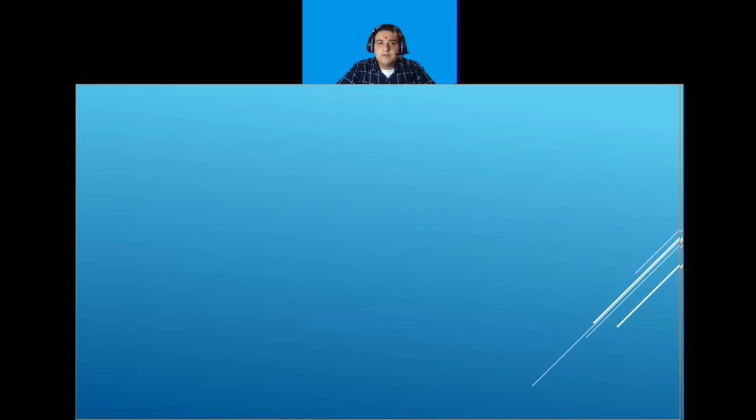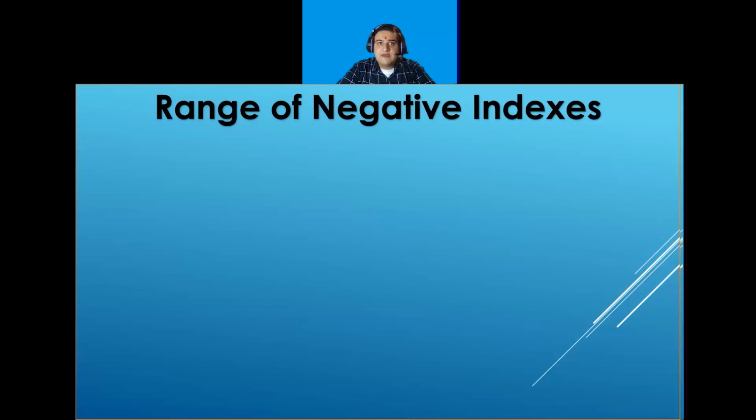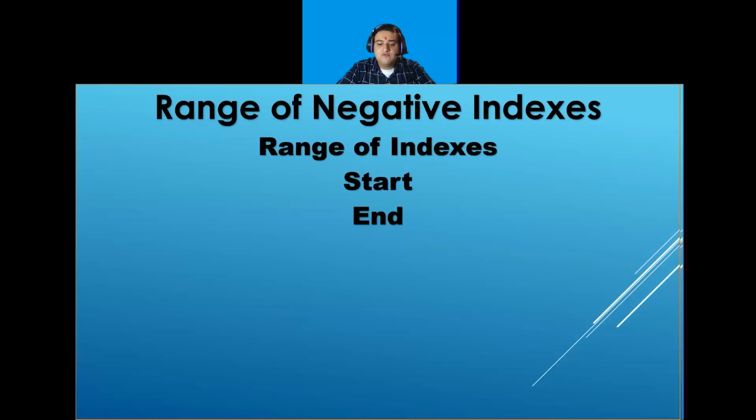Now the next topic is range of negative indexes. Specify negative indexes if you want to start the search from the end of the tuple. I will repeat, specify negative indexes if you want to start the search from the end of the tuple.